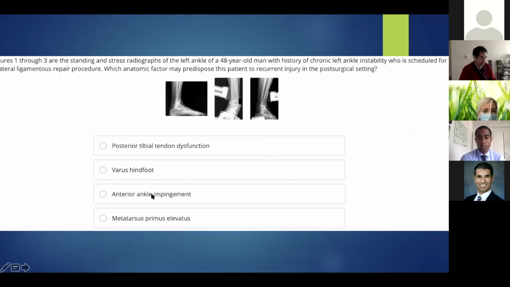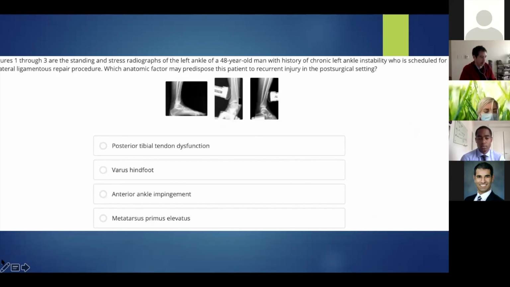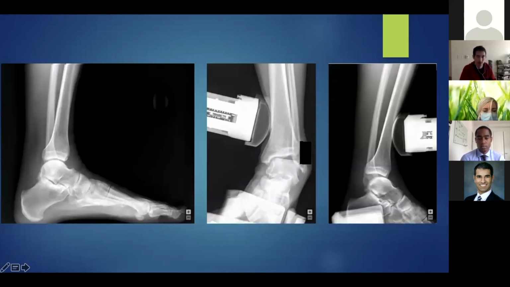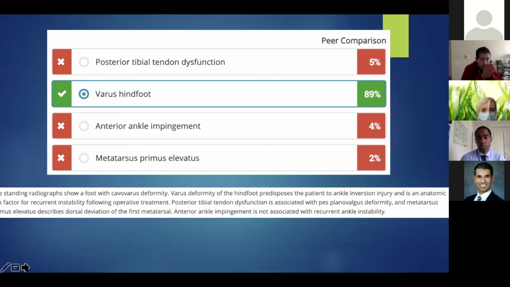So metatarsus primus elevatus, what do you think that would give you? They're talking about your first ray being elevated up here. Yeah, that's going to flatten your foot out, right? And that's why that's not the answer as well. And those are associated with flat foot, or pes planovalgus. All right. Okay, so that is the end of our slideshow.